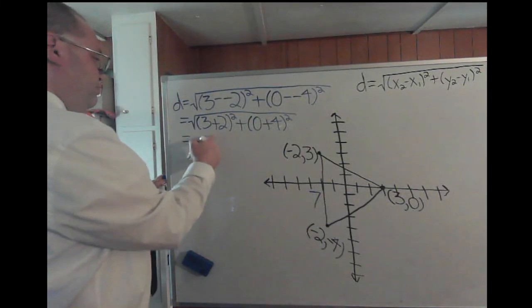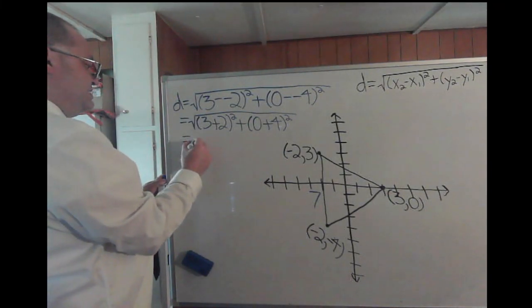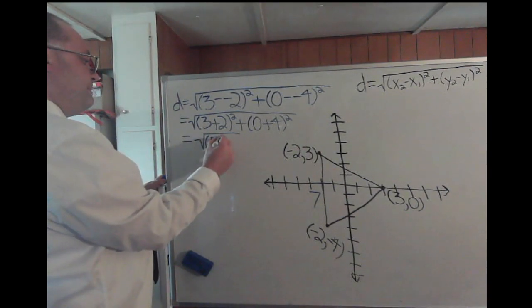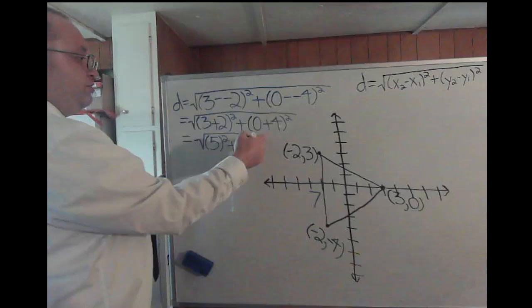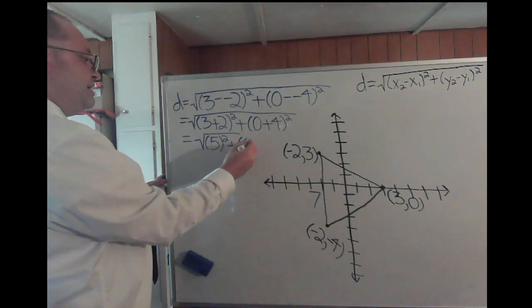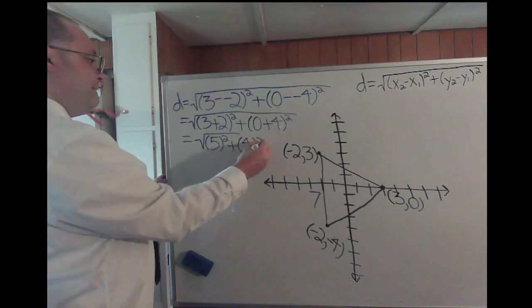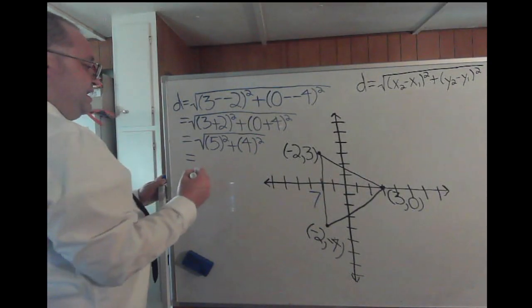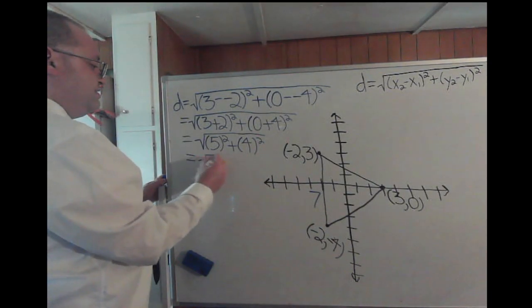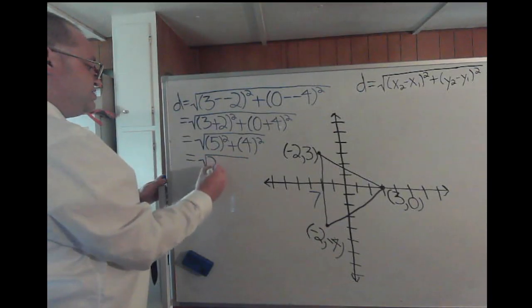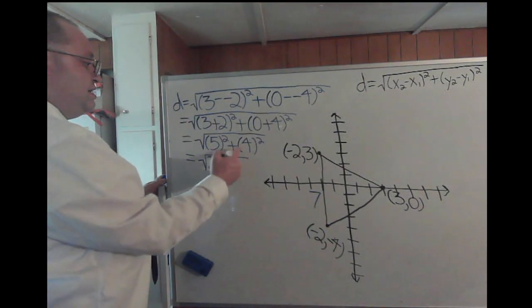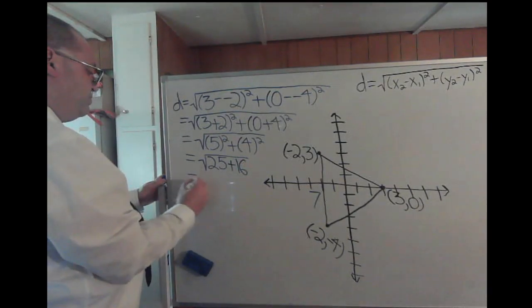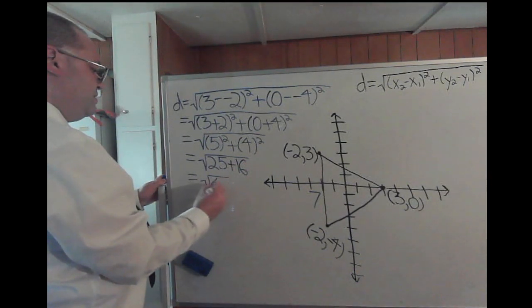So now we do the parentheses inside the square root. 3 plus 2 is 5 to the second power, plus 0 plus 4 is 4 to the second power. Underneath the square root, 5 squared is 25, plus 4 squared is 16, which gives you the square root of 41.